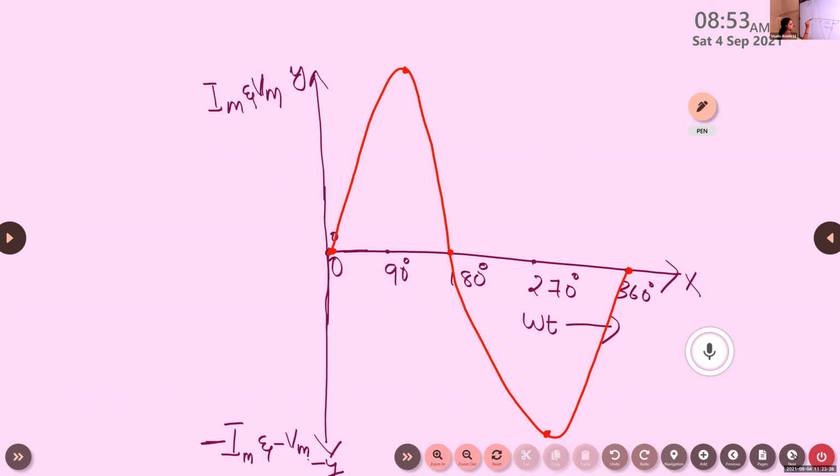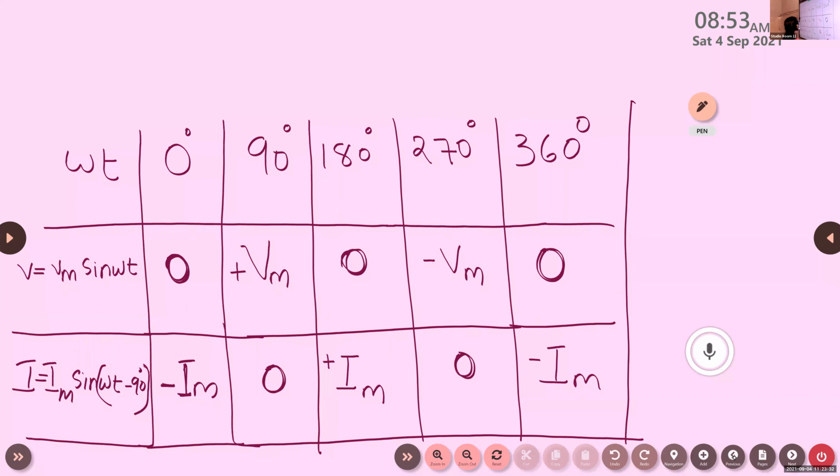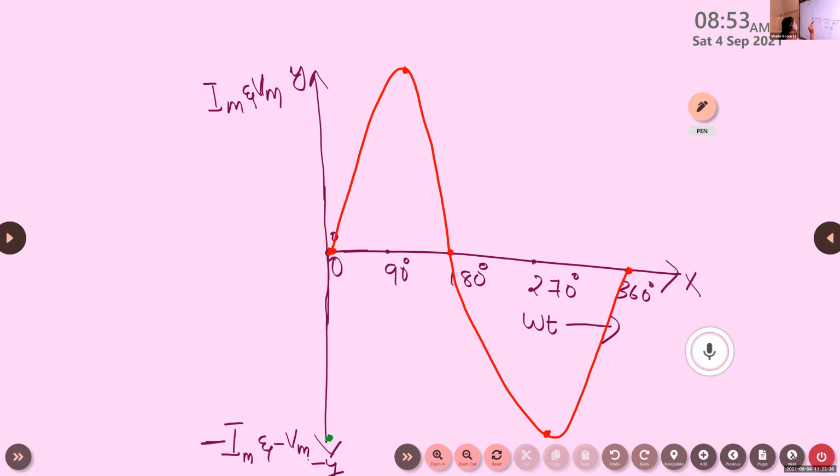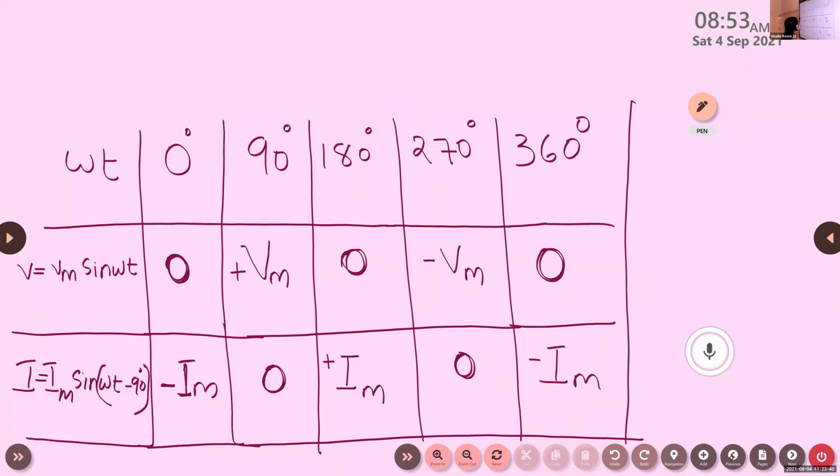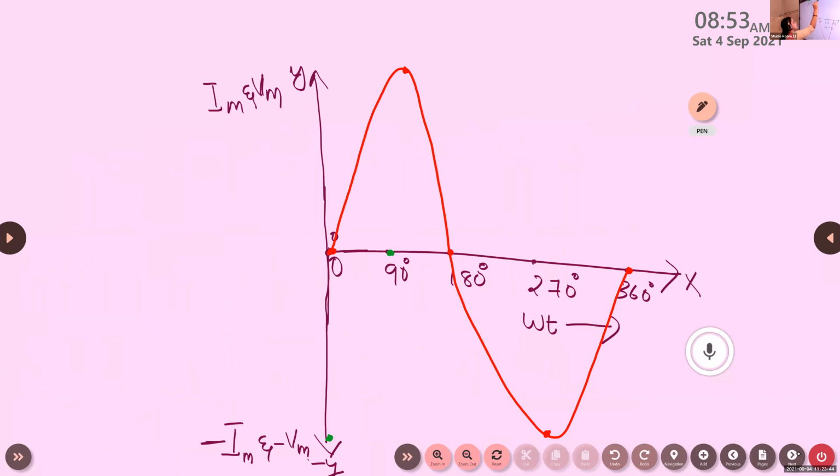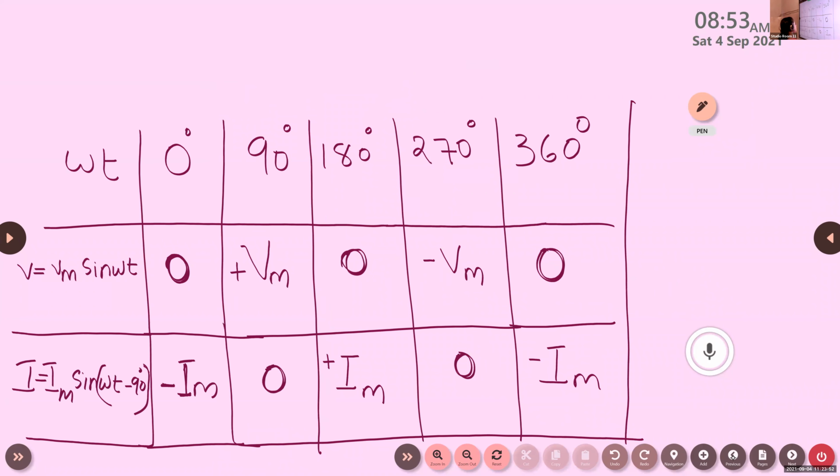So corresponding to 0 degree, it is starting from here. For 90 degree, it is 0. Then for 180, it is plus Im. For 270, 0.